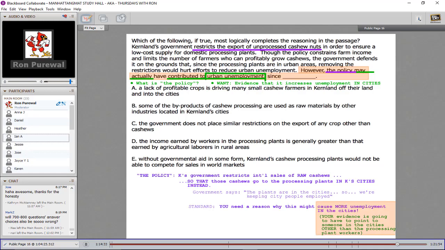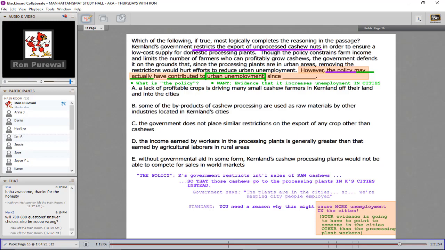That's your standard. That's what you want. Okay. Well, let's take a look at the choices. Why might this cause more unemployment in cities? Well, if the farmers don't make profits and they drift off of the farmland and go into the city, when they get to the city, they don't have a job.